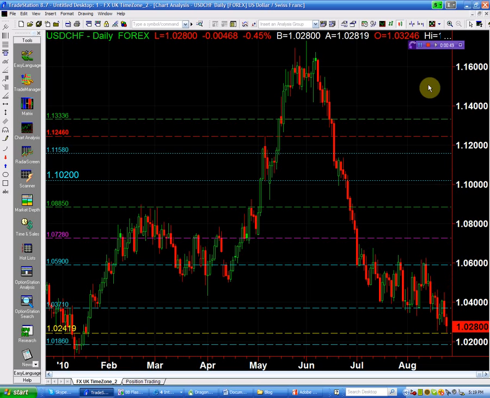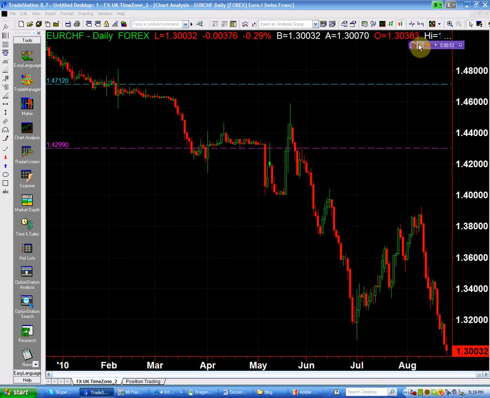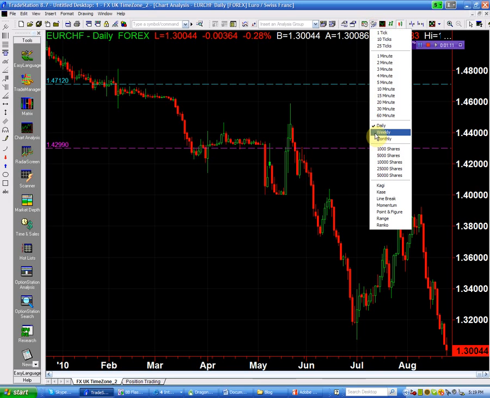The same flight into the Swiss franc against the dollar has been common with all the Swiss crosses, and you can see that in the Euro Swiss. Today the Euro Swiss is trading at 1.30032, which is the highest level the Swiss franc has ever been against the euro, or the lowest the euro has ever been against the Swiss franc.